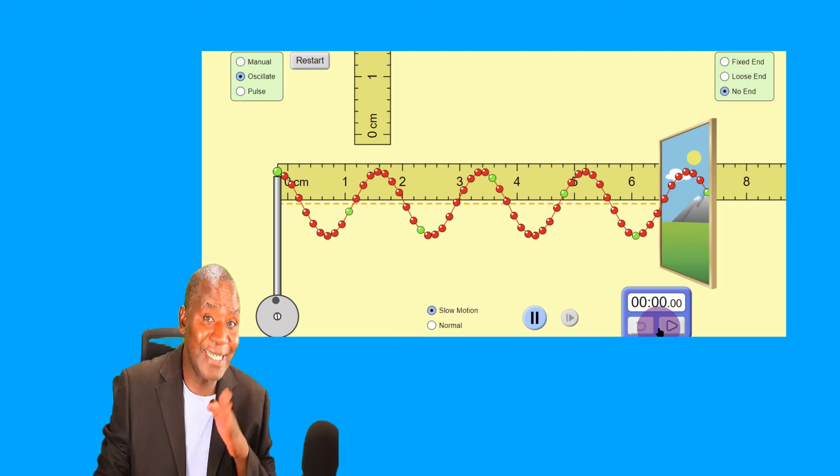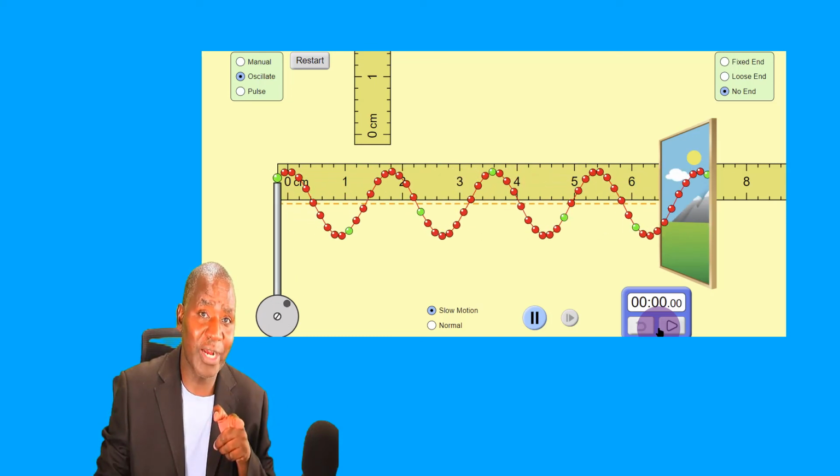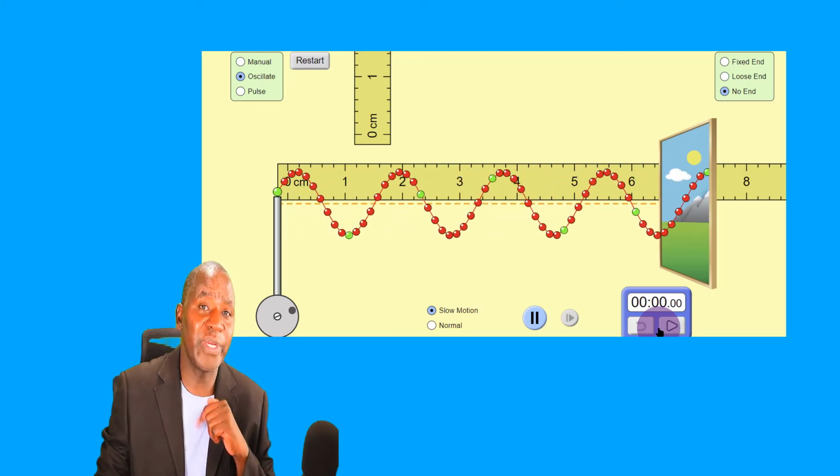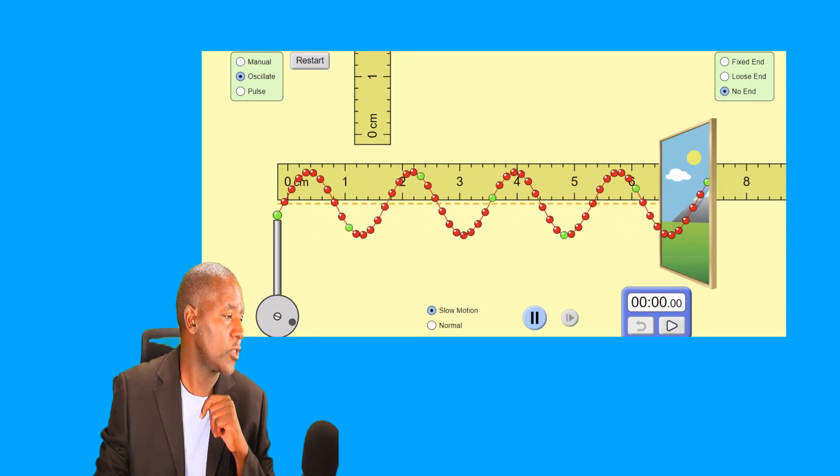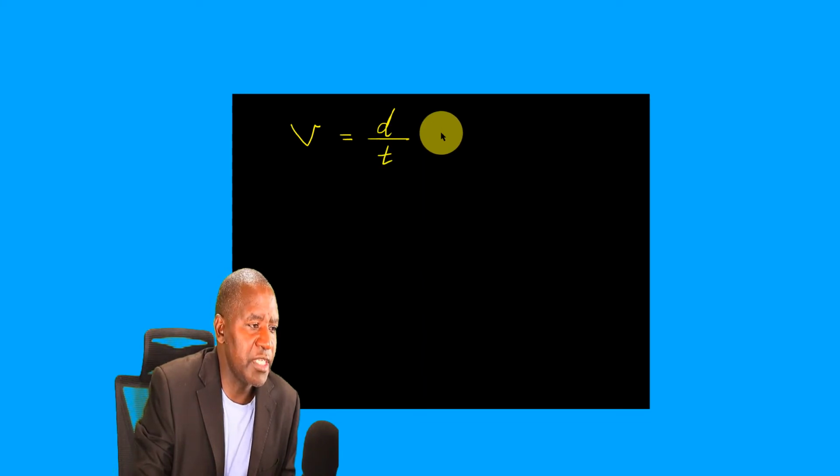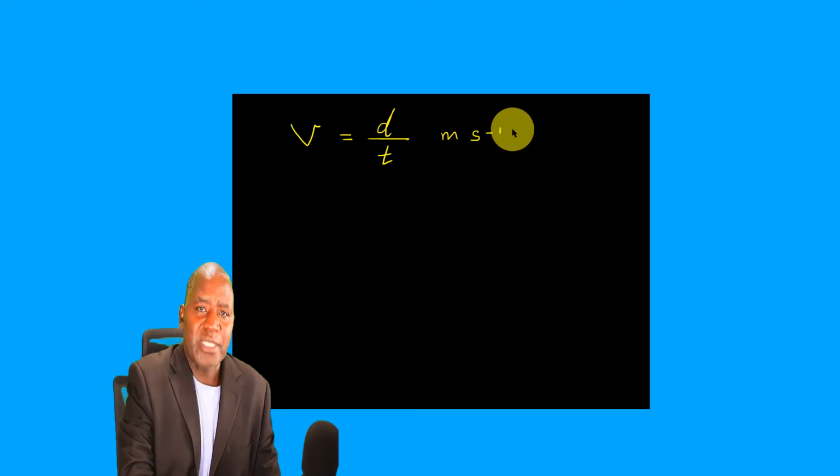When we divide that distance by the time it takes to cover that distance, we will get speed. So, speed of a wave, V, is given by distance over time. And you can see since distance is in meters, time is in seconds, then the units are meters per second.